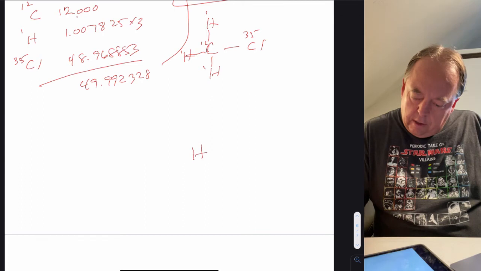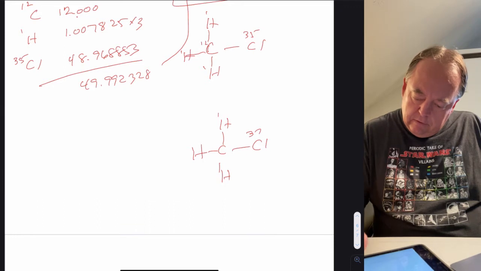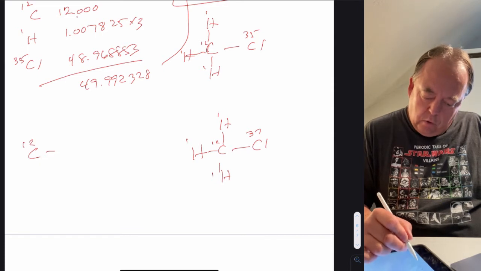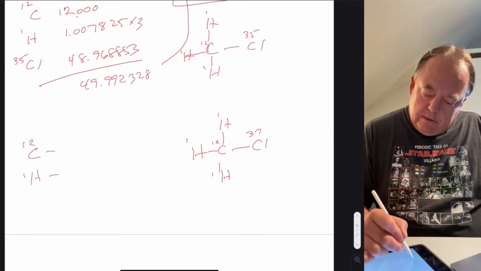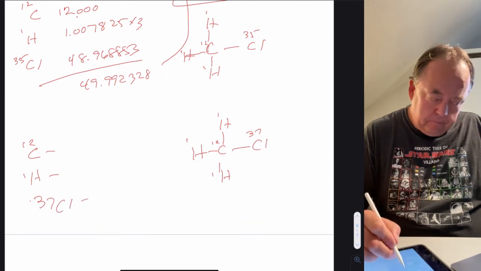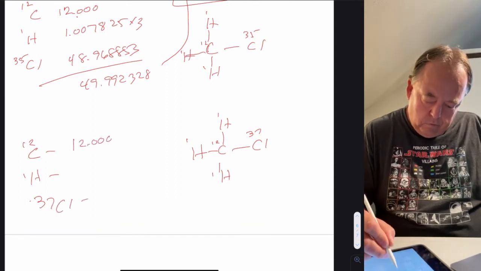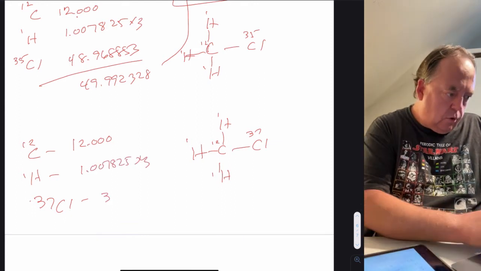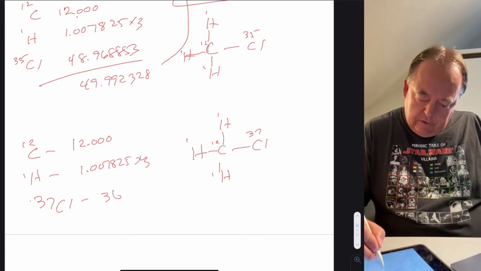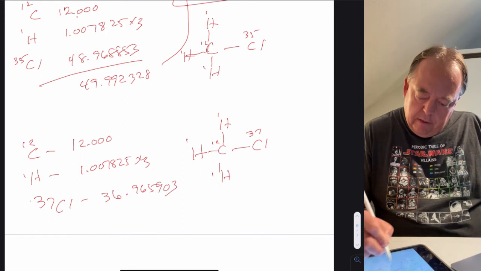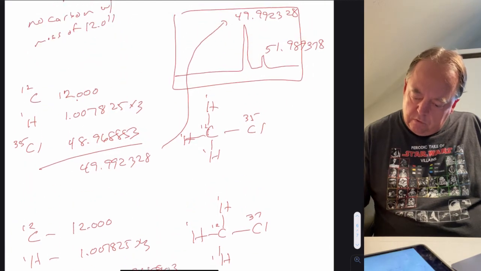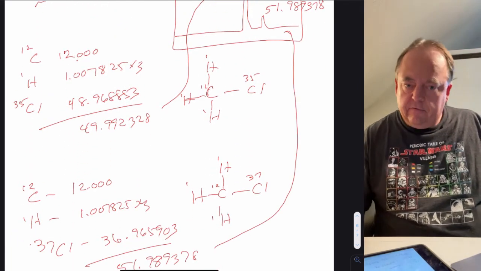But chlorine also comes as chlorine 37 in nature, so if we added up the mass of that, 1 carbon 12, 3 hydrogen 1s, and a chlorine 37, which has a mass of 36.965903, that would be 51.989378. And so that's where that peak is coming from.